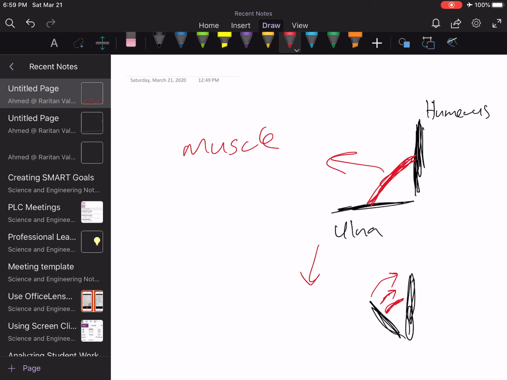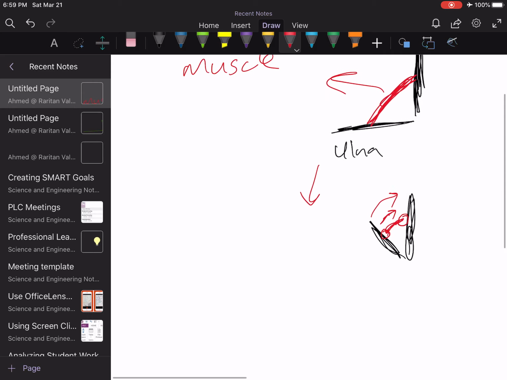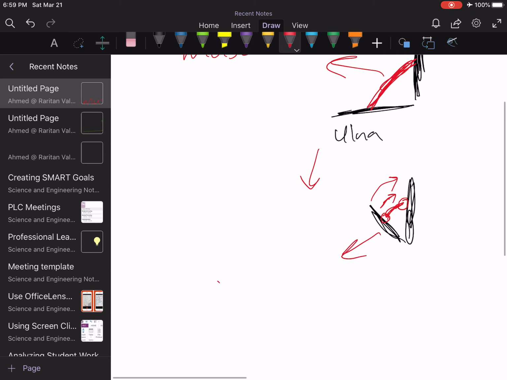So this muscle has two attachment sites, one on the humerus and the other on the ulna, right? So in this case, what was moving? The ulna was moving, whereas the humerus did not move.